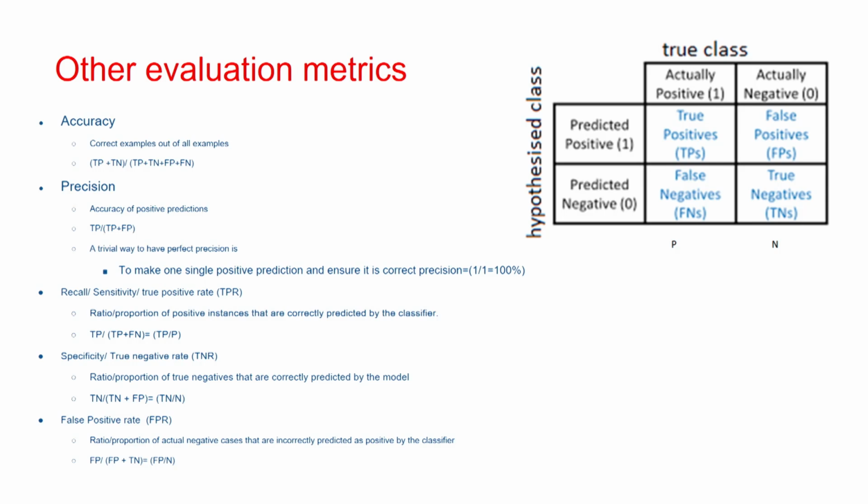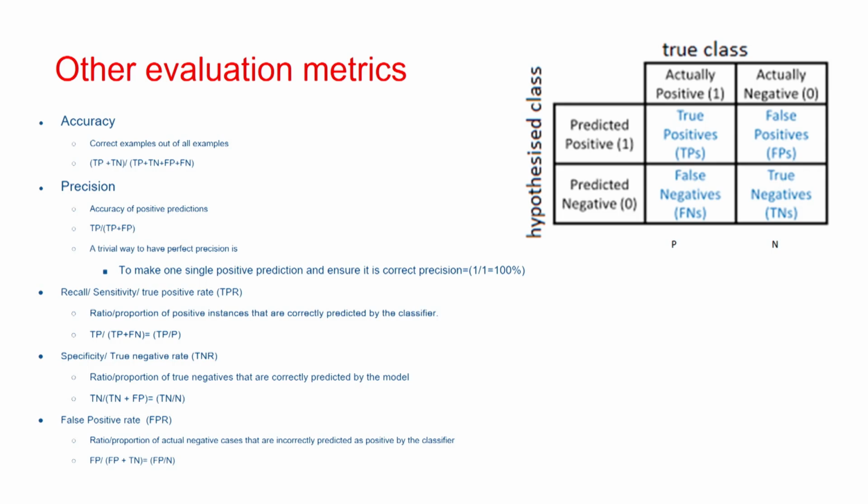So in the numerator we must have only true positive. Recall, or sensitivity, or true positive rate, is defined as true positive upon true positive plus false negative, or simply true positive upon total positive instances in the data set.